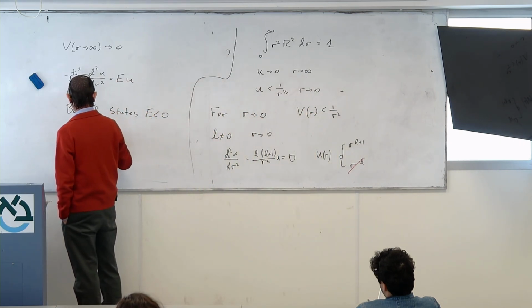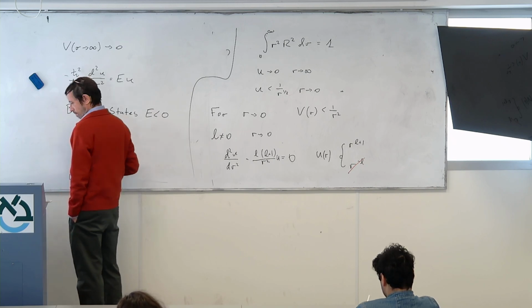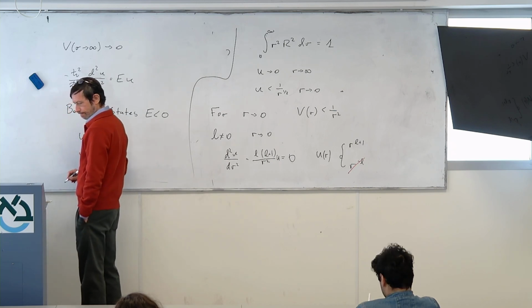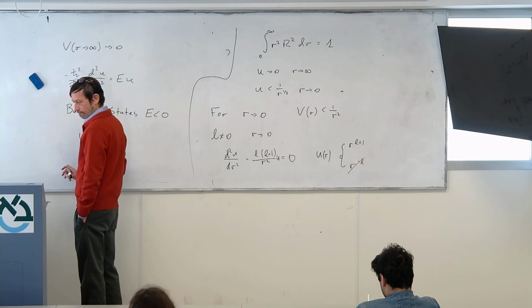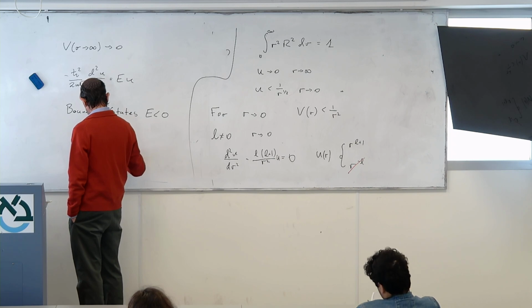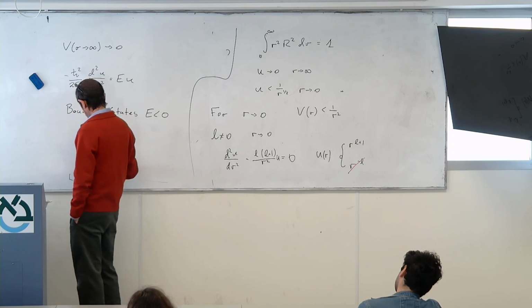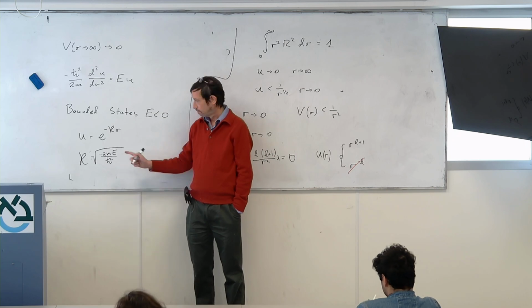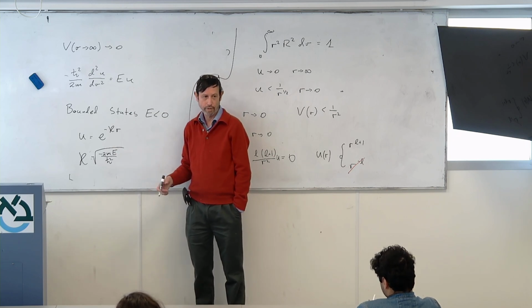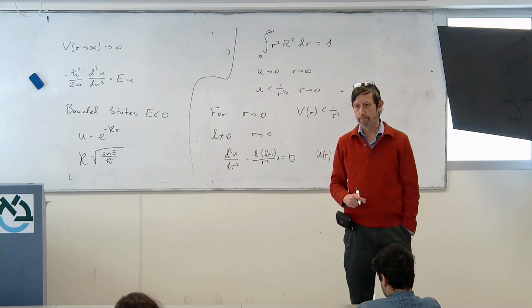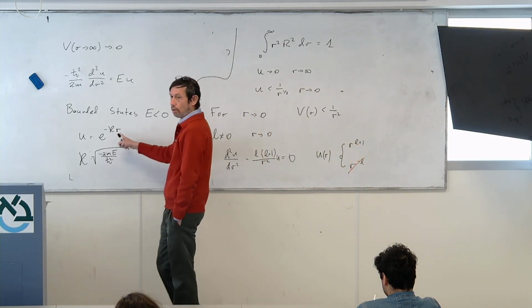So the solution is an exponential; the minus here is because E is smaller than 0, just to emphasize that we are taking the positive part of the square root. Okay, so it must fall off exponentially.